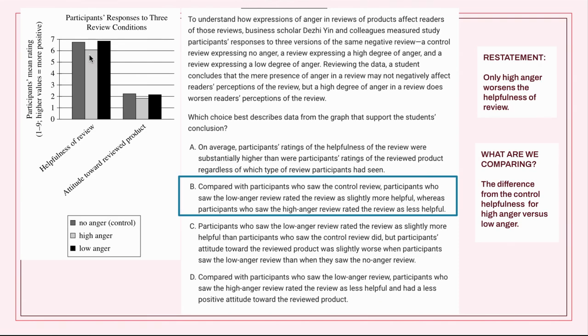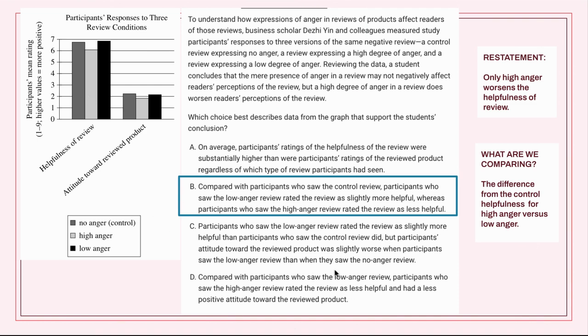It's saying that the high anger helpfulness is lower than the low anger helpfulness, and the high anger attitude towards the product is lower than the low anger attitude toward the product. But again, we want to show also the other part of it, that low anger is not negatively affecting perceptions of the review relative to the no anger review.